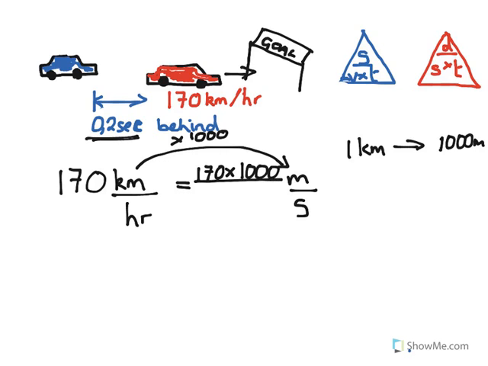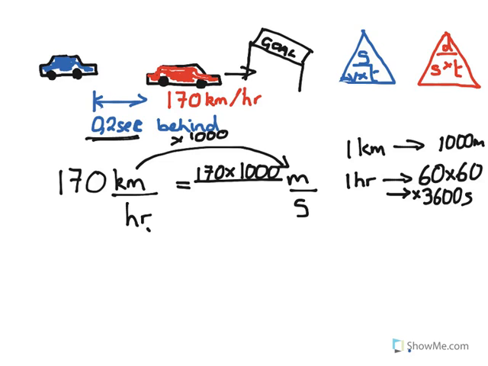Now we think about how do we change 1 hour into seconds? Well, to change 1 hour into seconds, we would first multiply by 60 to get minutes, and then multiply the minutes by another 60 to get seconds. So that's the same as multiplying by 3,600. So 1 hour is the same as 3,600.